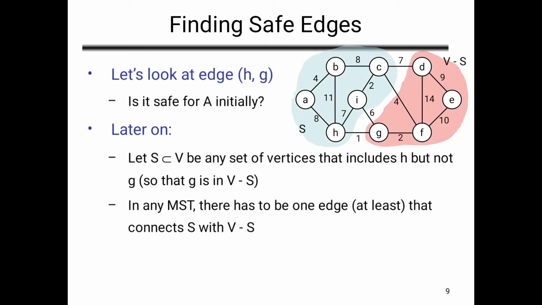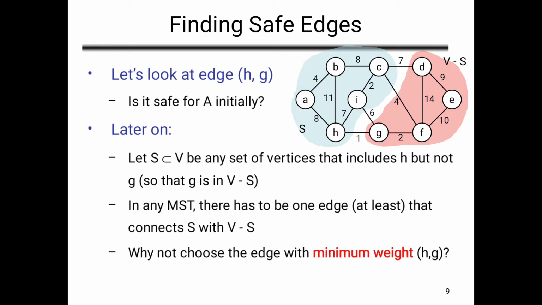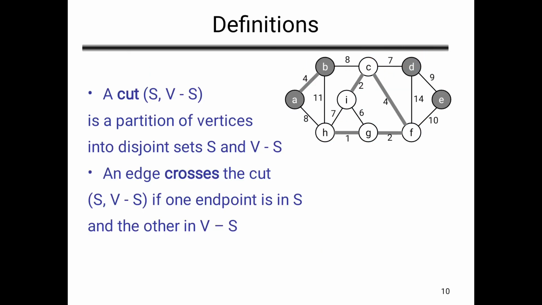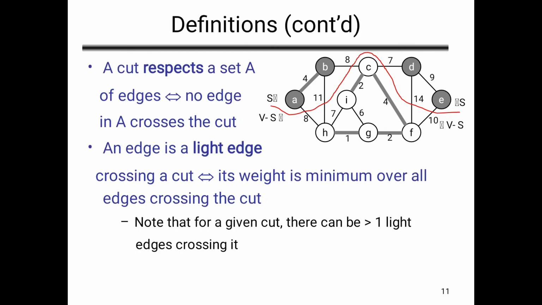In the diagram there are two colors. Why not choose the edge with minimum weight H comma Z? The definition: a cut S comma V minus S is a partition of vertices into disjoint sets S and V minus S. An edge crosses the cut S comma V minus S if one endpoint is in S. Finally, we have to calculate V minus S.